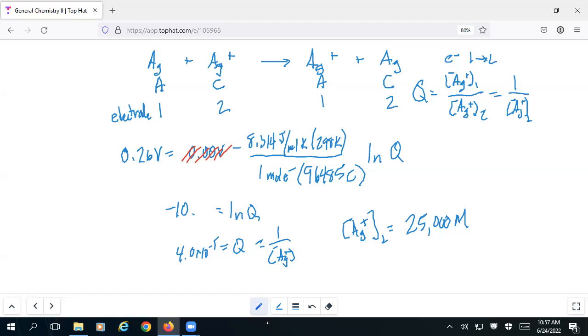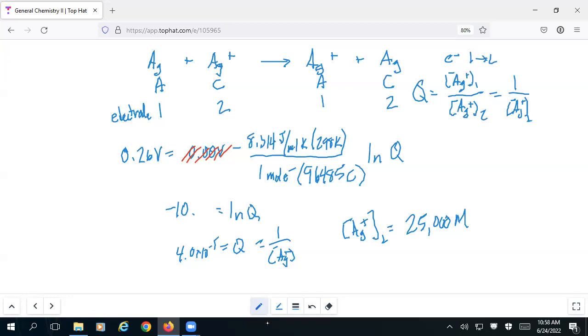So all that is to say, it's hard to do things a certain way. You're going to run into limitations. If you are dead set on electrode 1 being the anode, then you've got to have a really concentrated cathode.